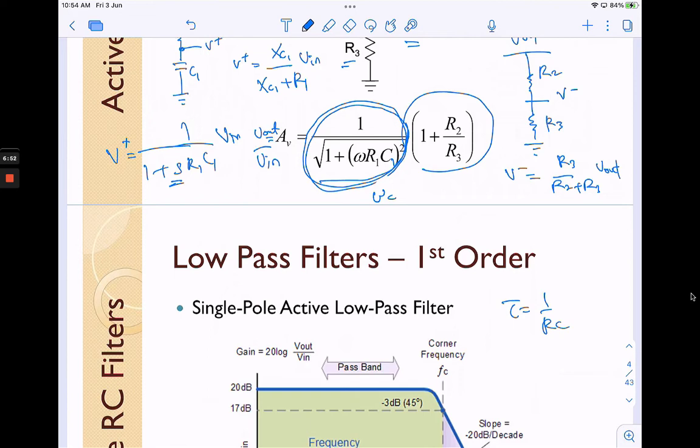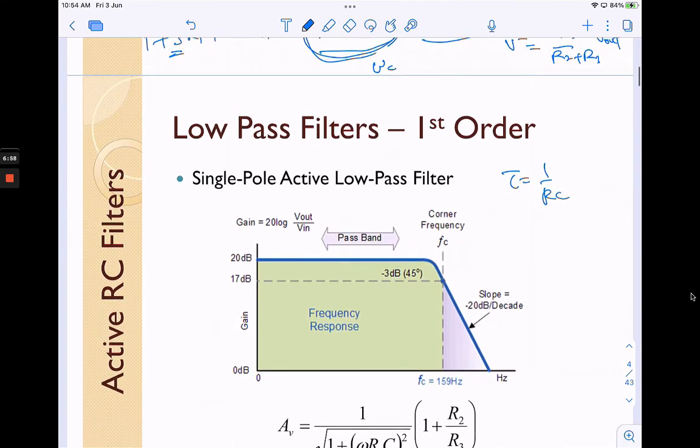So the cutoff frequency, when you take into consideration, you know that the cutoff frequency is actually negative 3 decibels below the passband here.